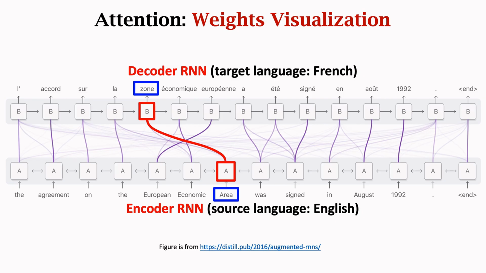Each time when the decoder is about to generate a new state, it looks at all the states of the encoder. The weights alphas tell the decoder where to pay attention. This is why the model is called attention. When the decoder is about to generate the new state, the decoder pays attention to the encoder state at the position of the word area. Thus, the decoder is likely to generate the correct translation, zone.